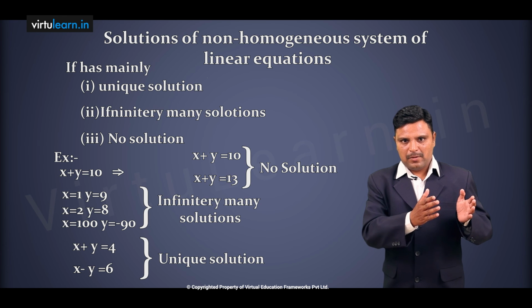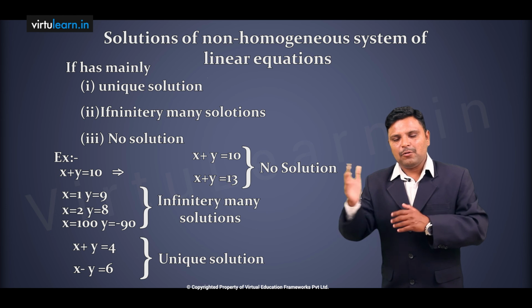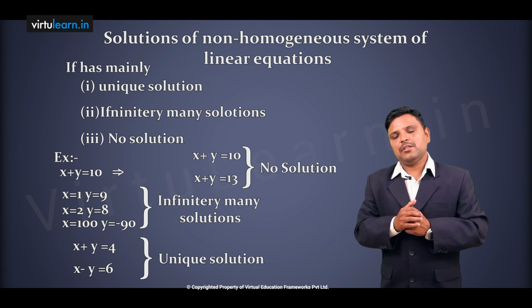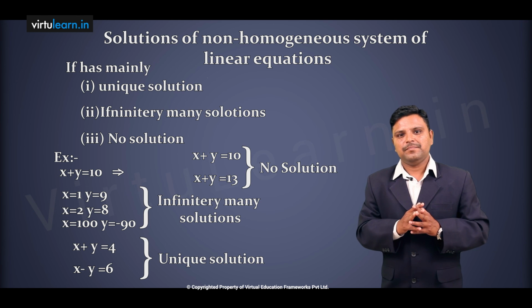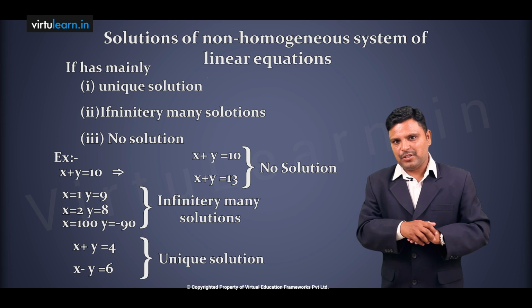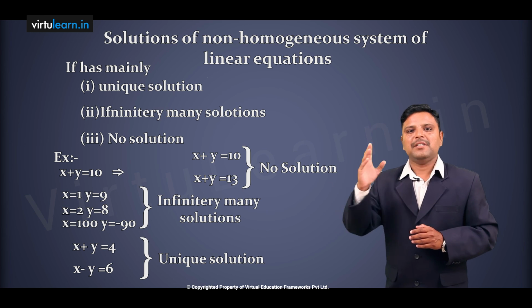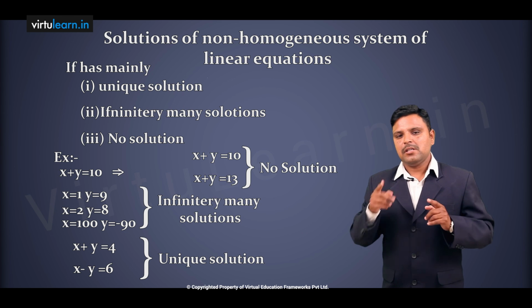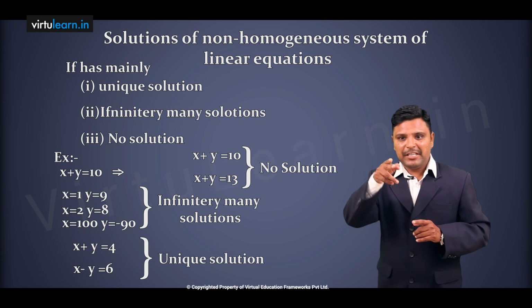Suppose the cost of a math book plus the cost of a science book is 150 in one shop, and in another shop for the same books they ask 200 rupees. This is impossible, right? This is another impossible situation. So for x plus y equal to 10 and x plus y equal to 13, the system has no solution, because we are adding the same variables but getting different sums, 13 and 10.